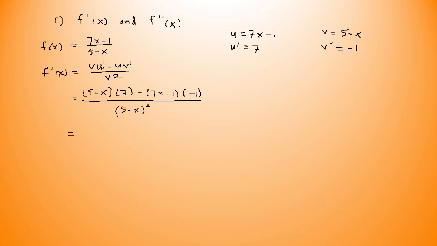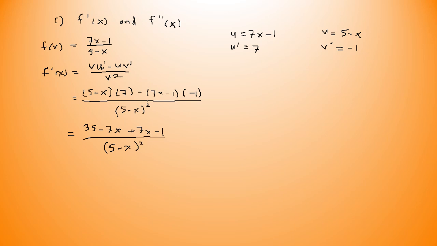Then expand 5 minus x multiplied by 7. We get 35 minus 7x. And then minus multiplied by minus 1 is positive, so we get positive 7x minus 1 over (5 minus x) squared.